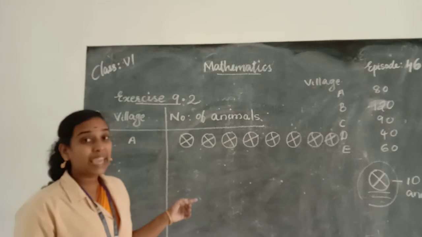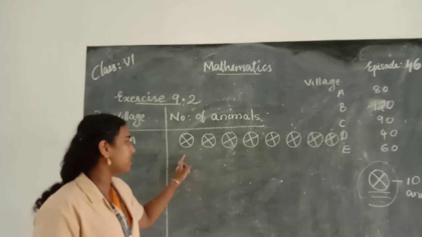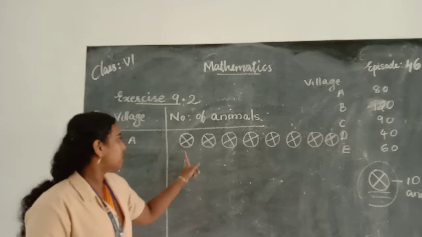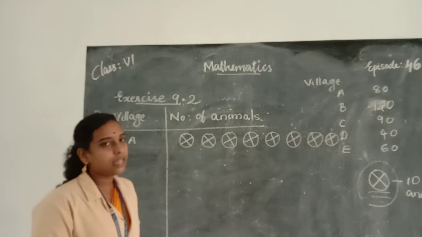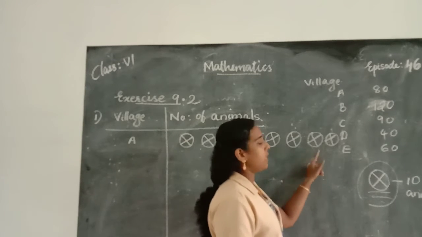For that you draw 8 symbols, and 8 into 10 we get 80 animals. Each symbol stands for 10 animals. So 8 into 10, 80 animals. 10, 20, 30, 40, 50, 60, 70, 80.